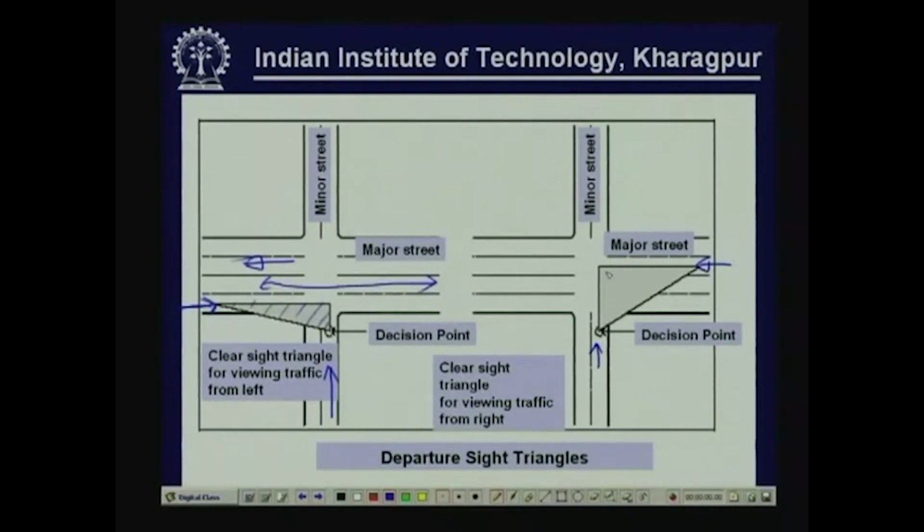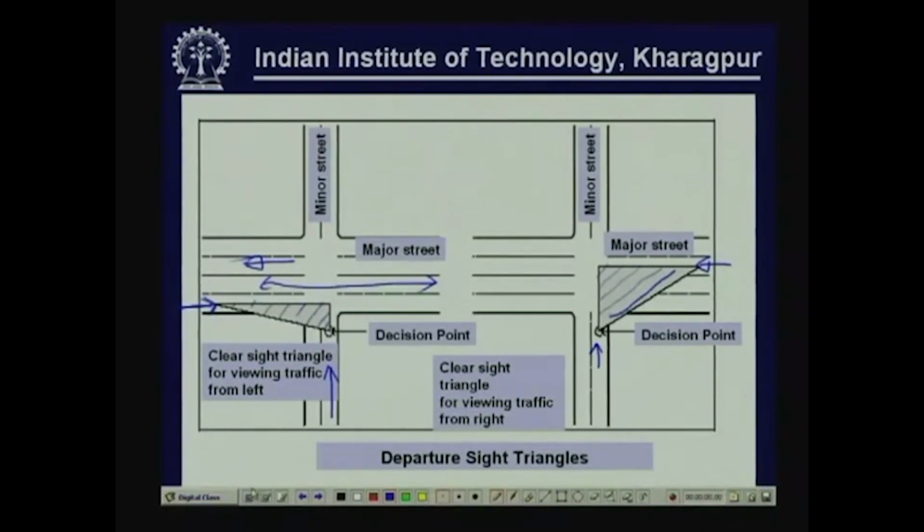So, this portion of the area should be free from obstructions, so that the movement of vehicles in the intersection could be safe. So, this is the concept of departure side triangles. We have two triangles, one considering the traffic coming from the left side and another considering the traffic from the right side.